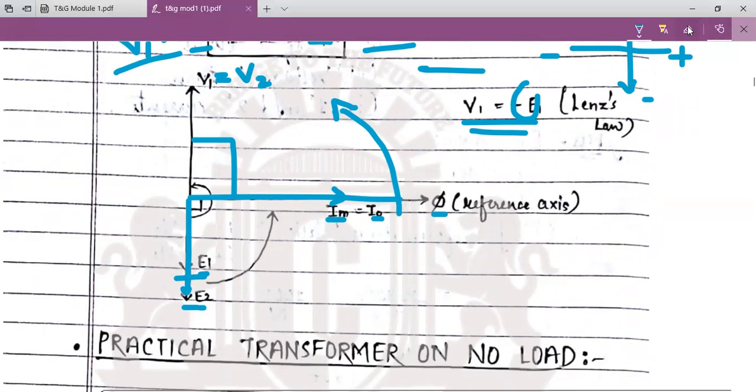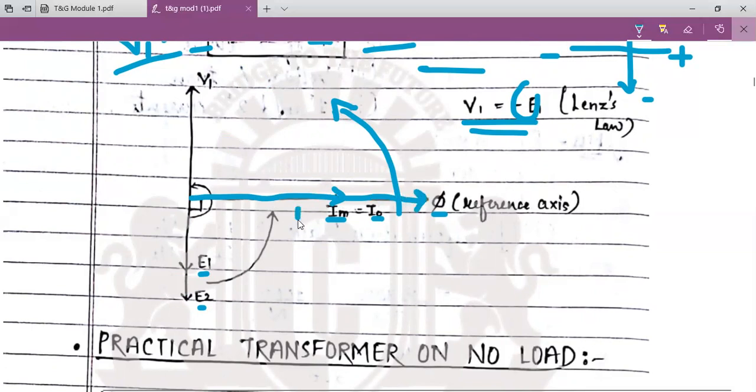Now just see once again, I'll explain this phasor diagram. You just listen once again. The first step is reference. Here the reference is flux phi. Which is responsible to produce flux? I1.